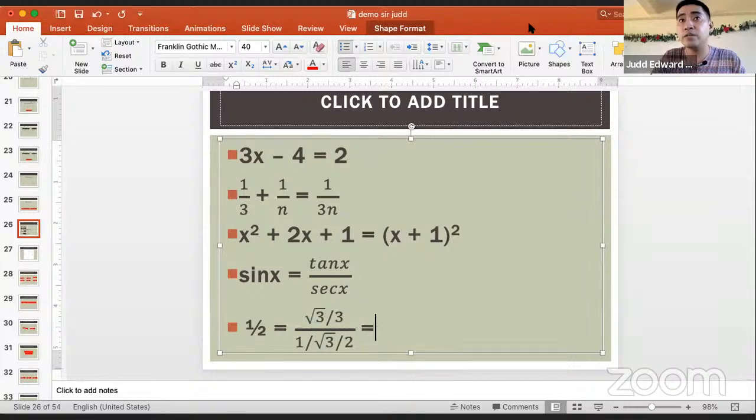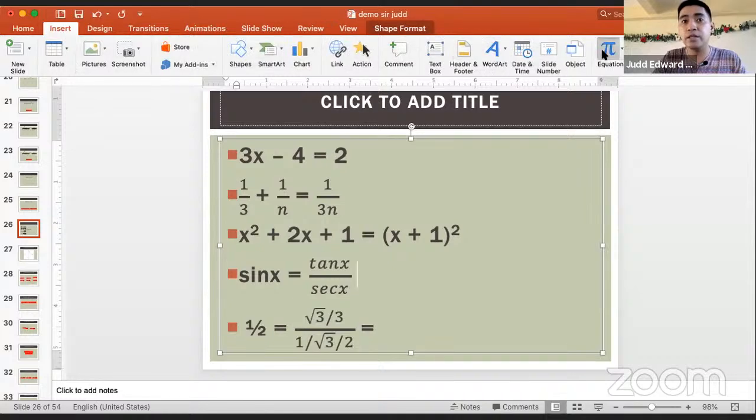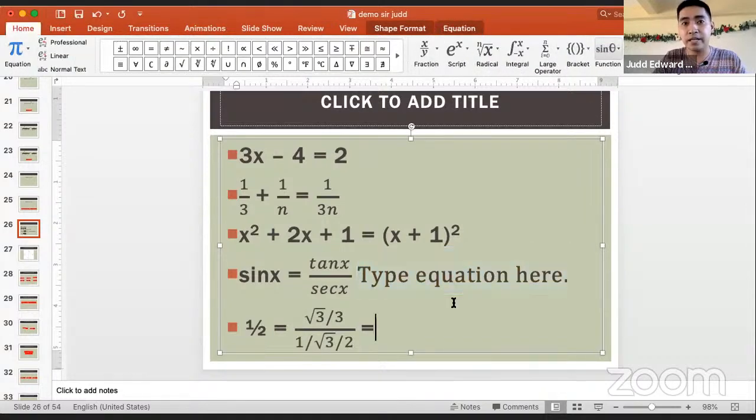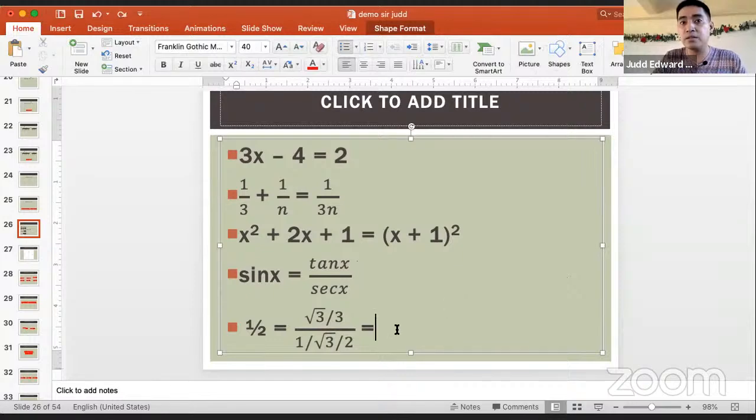maglagay tayo ulit ng equation. Let's insert an equation. So mali ako na napag-insertan. Hindi po dapat doon, dito. So let's insert an equation.